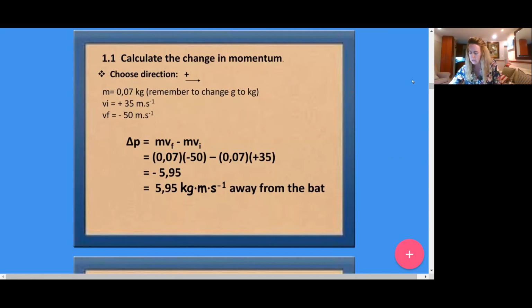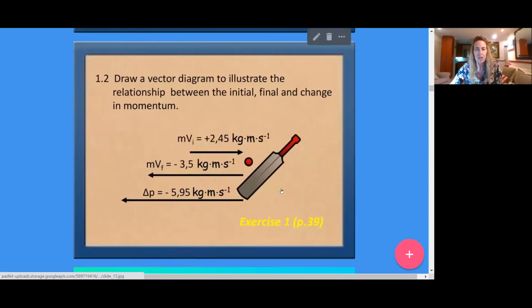To then draw the vector diagrams of this, we have the initial momentum as m times v initial, and that value is given as positive 2.45 kilogram meters per second. It moves towards the bat, and the length of that arrow and the direction of the arrowhead will show you also the direction of that momentum.